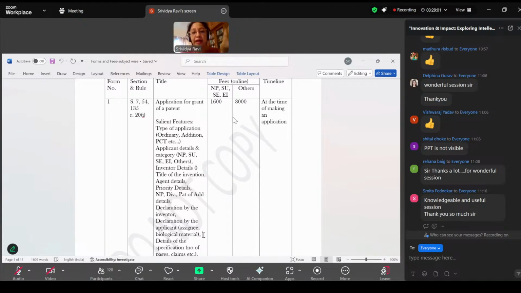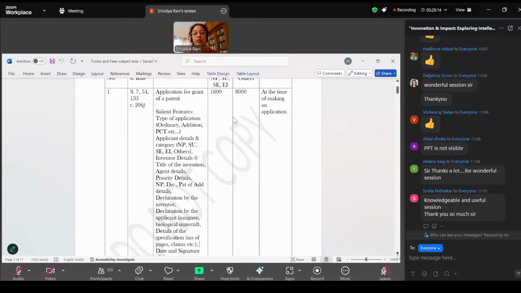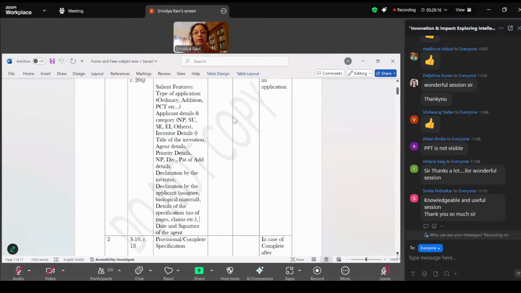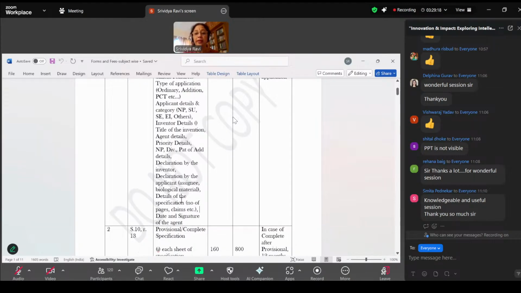Maybe we use some extracts from some plants, or we use some microorganisms. Then those details have to be given here. You have to declare what microorganisms or what botanical sources you have used. And then you have to say how many pages are there, how many claims are there, and you have to put in the date, and the agent has to sign all of this.